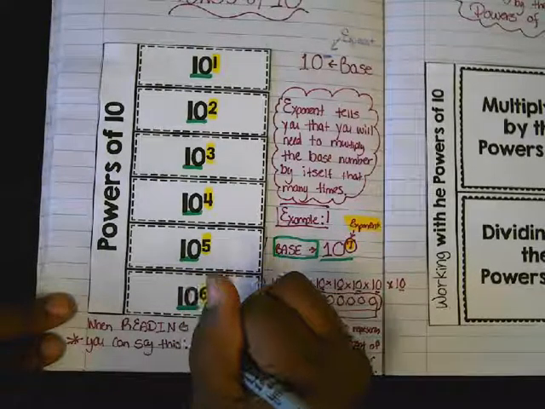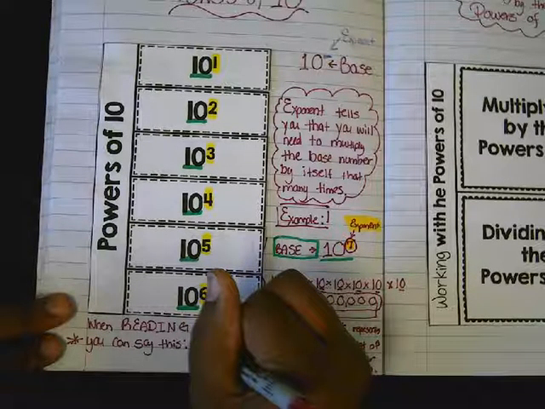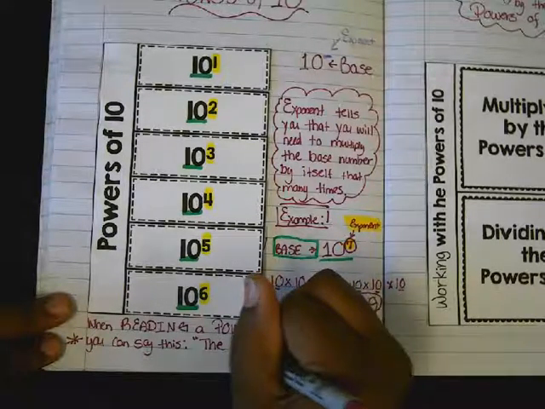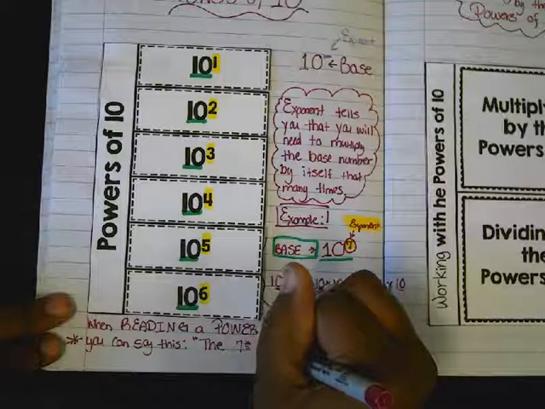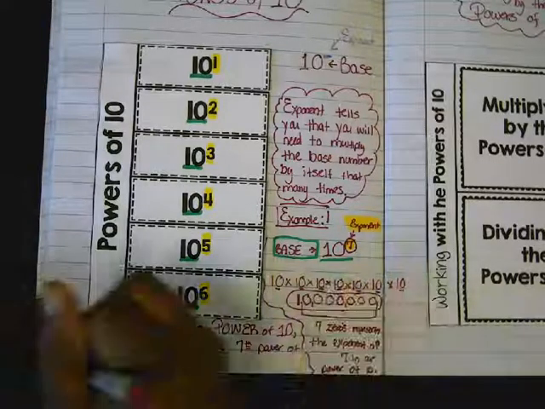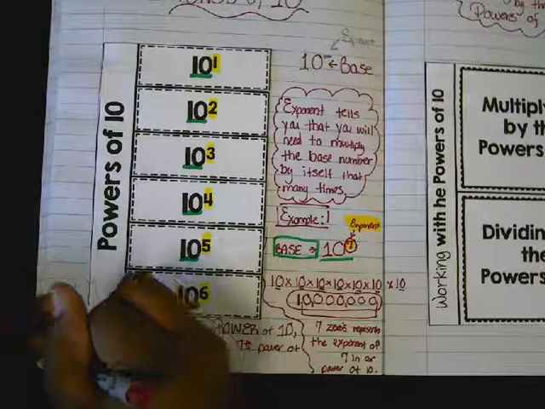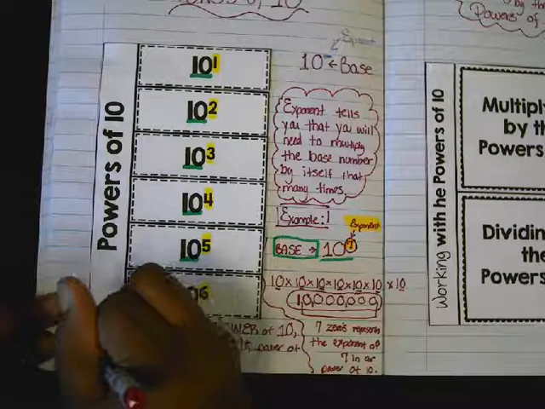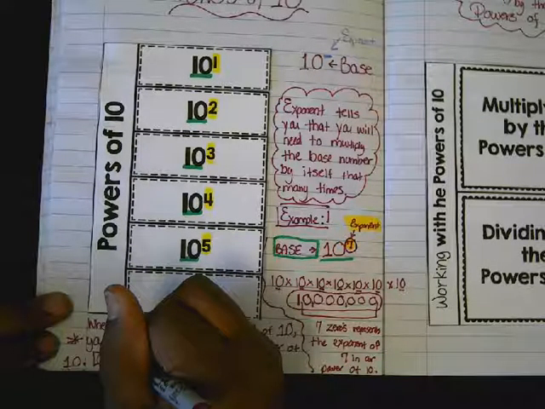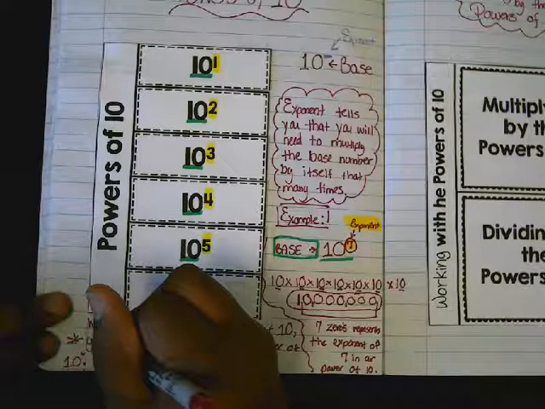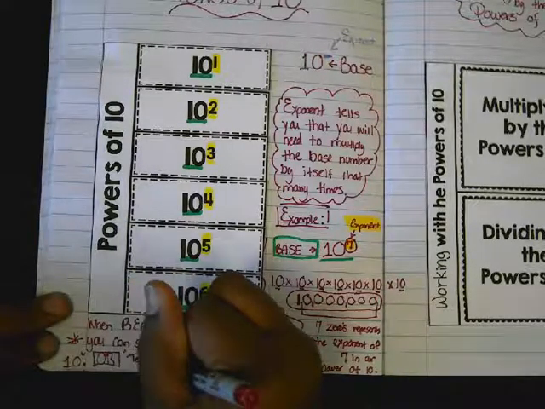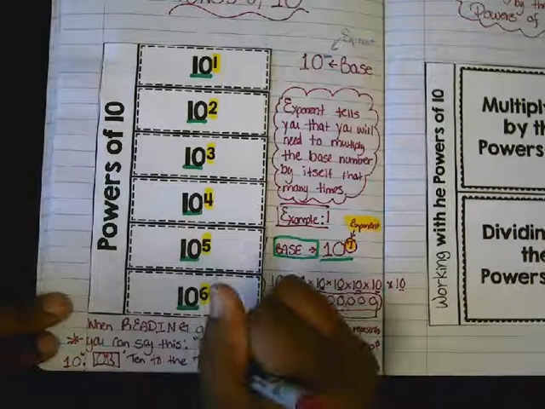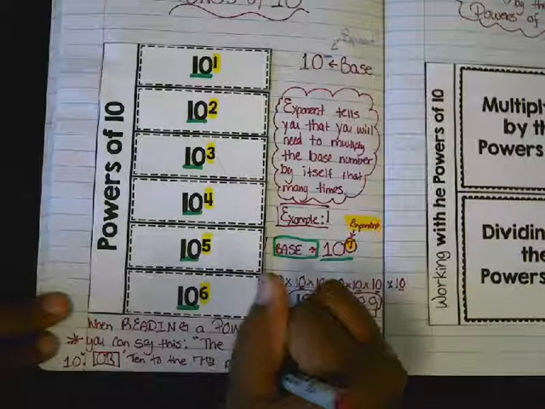The 7th power of 10, or you can say 10 to the 7th power.